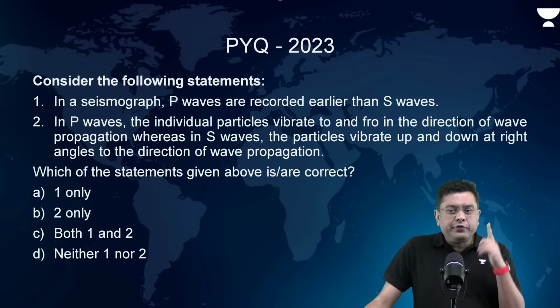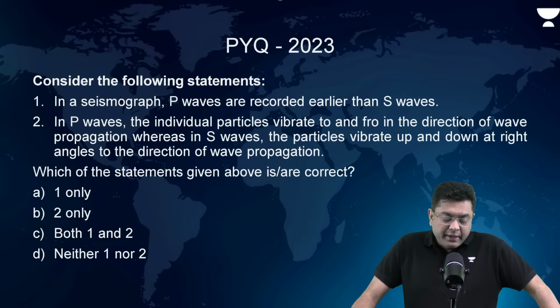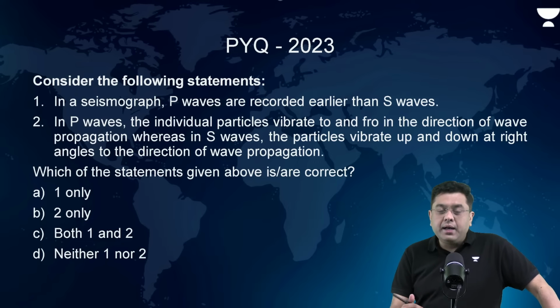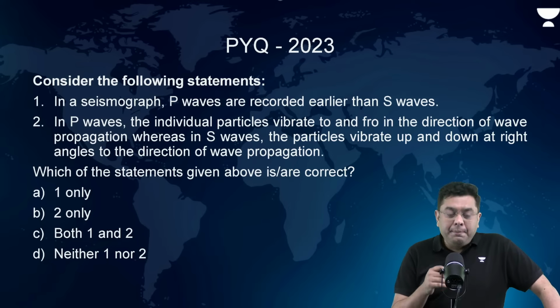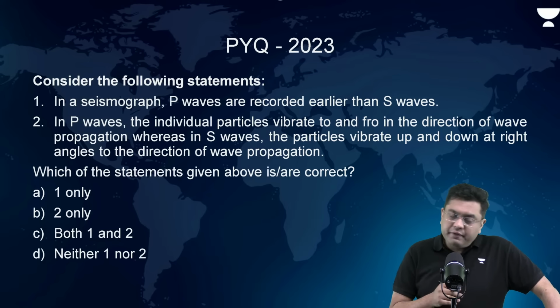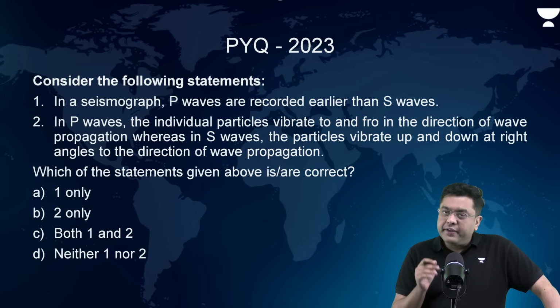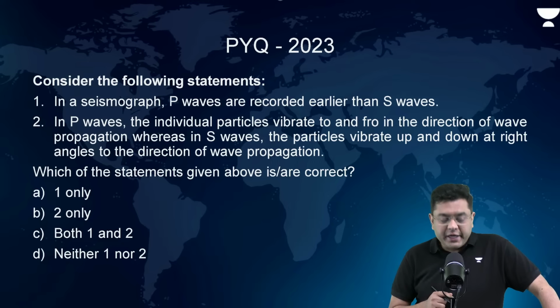Now let us solve this previous year question. In a seismograph, P waves are recorded earlier than S waves. In P waves, the individual particles vibrate to and fro in the direction of the wave propagation, whereas in S waves, the particles vibrate up and down at right angle to the direction of wave propagation.